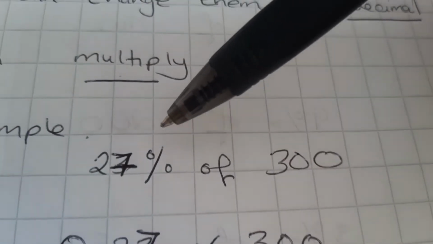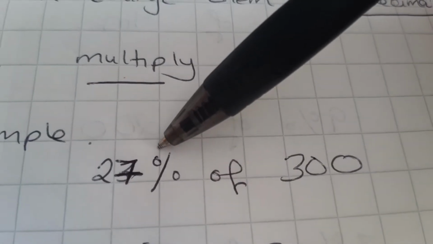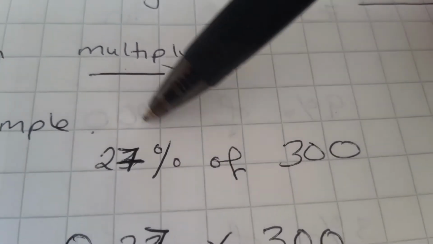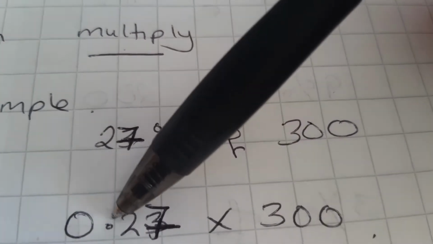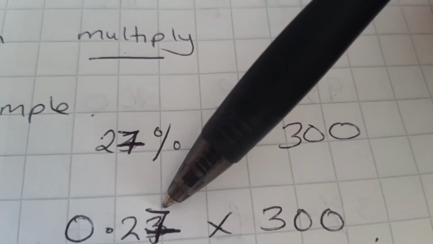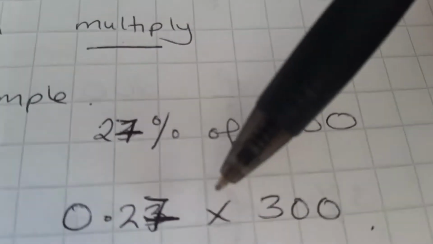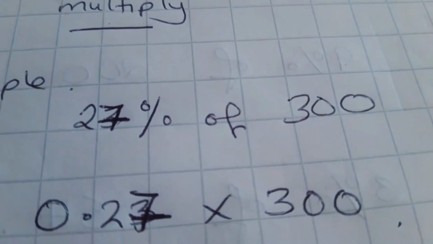So for example, if you had to work out 27% of 300, you would change the 27% to 0.27, like we did last week, and then you would multiply by 300. At this point, you would use your calculator.